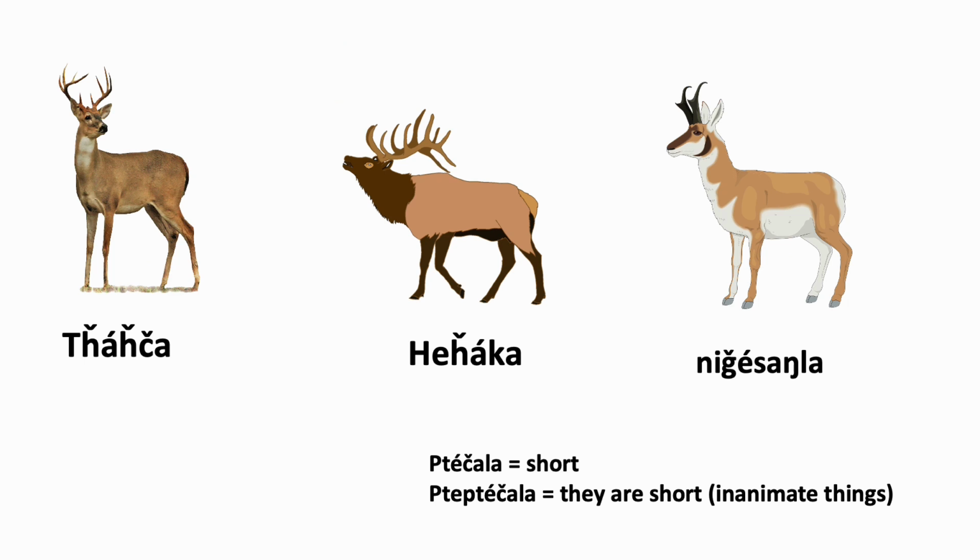And so these are the different animals that would follow the same sequence that we just used for the deer. We can use an elk, hechaka, we can use an antelope, nihesala, and describe it exactly how we did the deer. If you want to switch it up, we can describe the horns. Instead of just saying that it has horns, we can actually describe the horns.